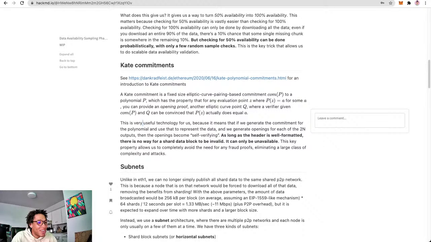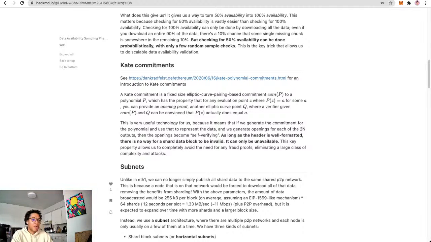This is very useful technology for us because it means that if we generate the commitment for the polynomial and use that to represent the data, and we generate openings for each of the 2n outputs, then the openings become self-verifying. As long as the header is well formatted, there's no way for a shard data block to be invalid. It can only be unavailable.